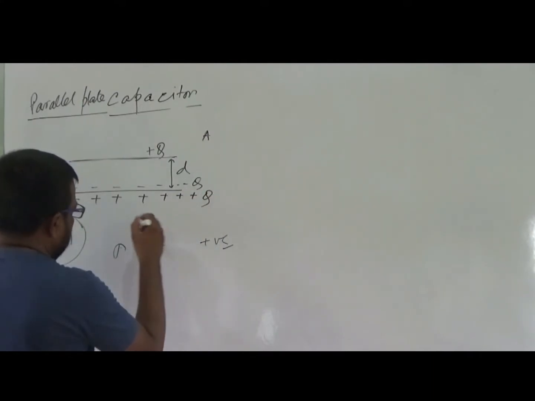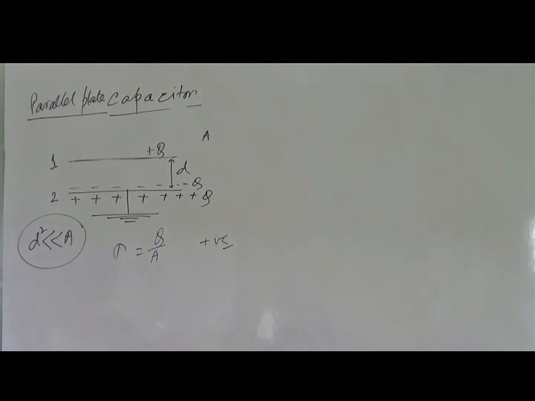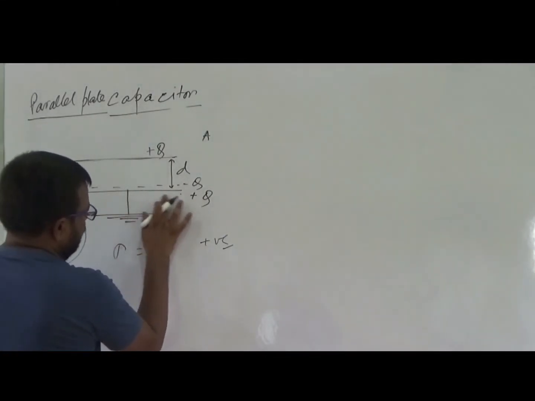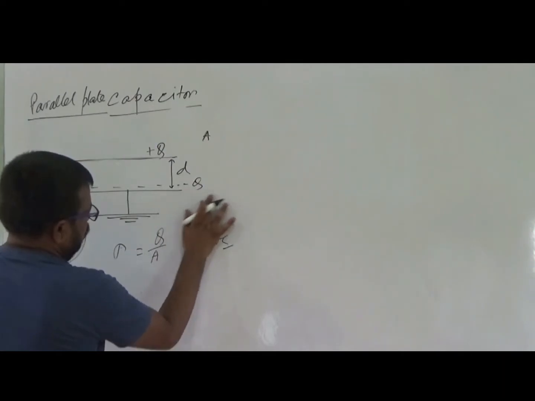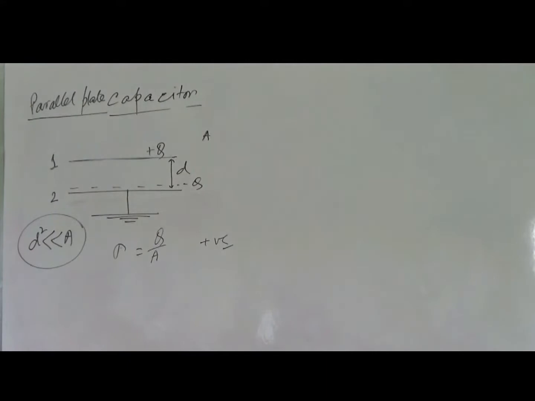Now if we connect this second plate, plate 2, to earth, then this plus charge goes away. That means these charges will be neutralized by the charge of the earth.